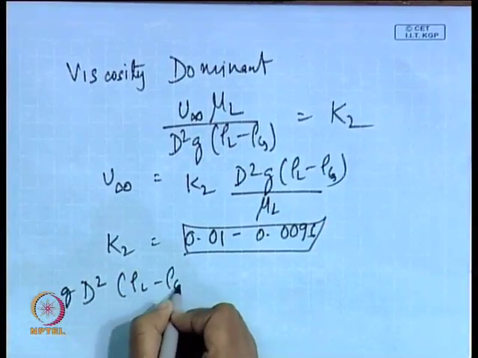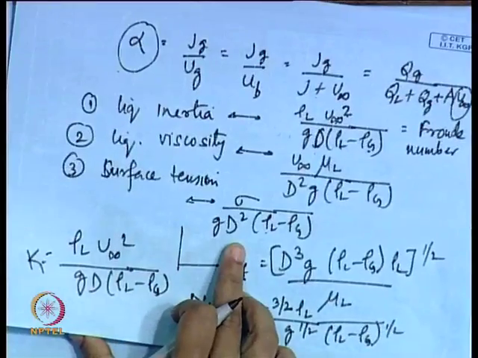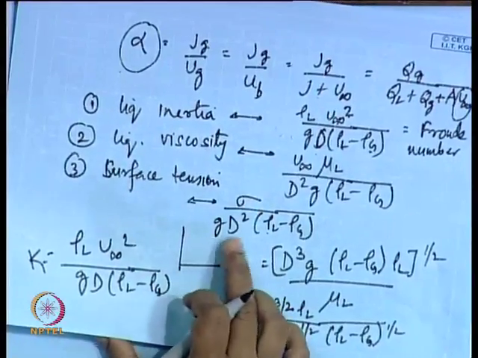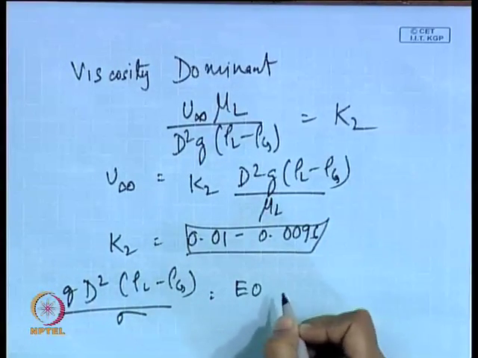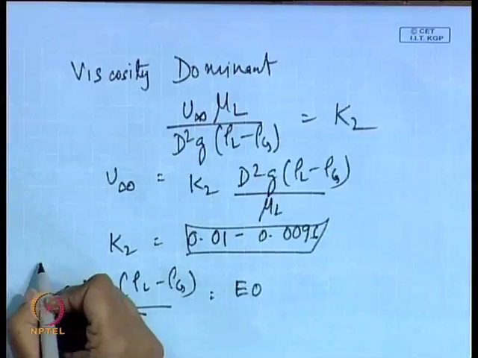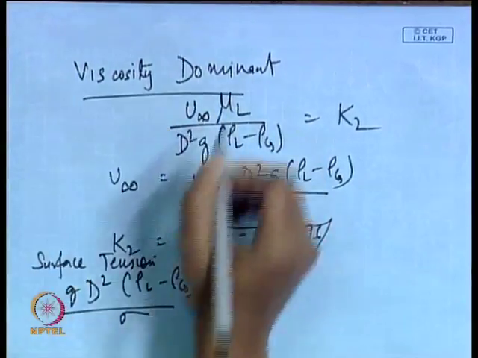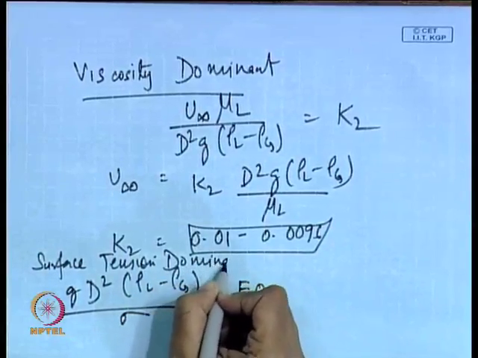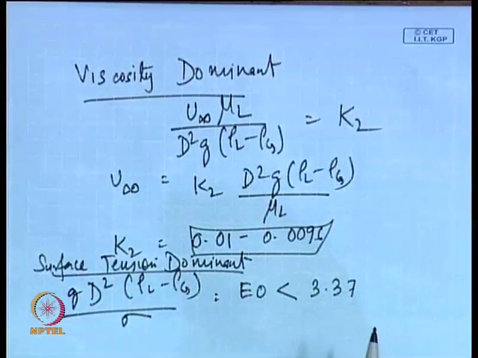So, when surface tension becomes important, this particular group, g d square (rho L minus rho g) by sigma, which I had written down here, becomes small since sigma becomes very large. The inverse of this is known as the Eotvos number. So the surface tension dominant condition happens when the Eotvos number value is less than 3.37.